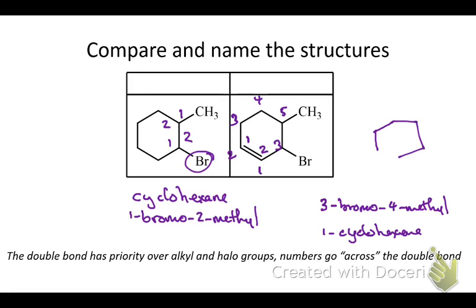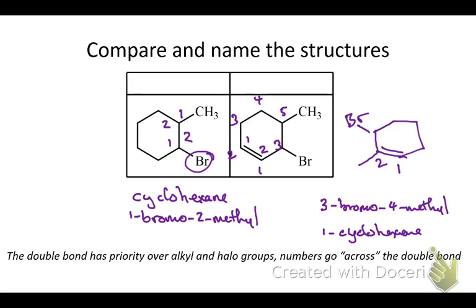I'm going to draw one up here for you to consider. Think about that one. Which way would you number it? Because you want to do this 1, 2. Yes.